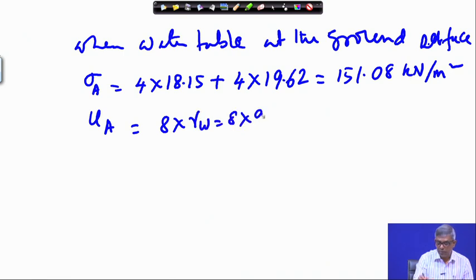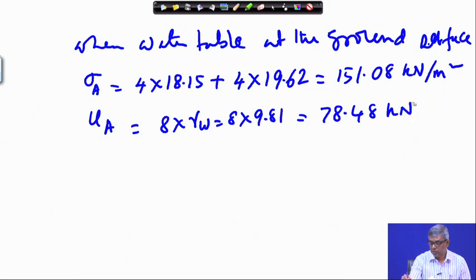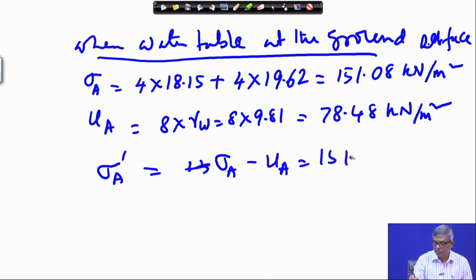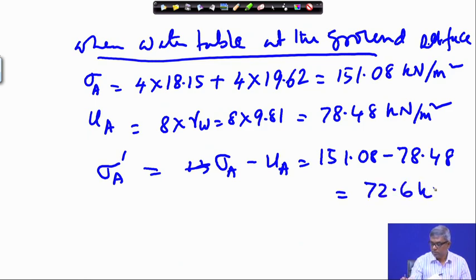So, 8 into 9.81, that gives you 78.48 kilonewton per meter square. So, sigma dash A when water table at ground surface will be equal to sigma A minus u A equal to 151.08 minus 78.48. So, that gives you the value equal to 72.6. So, this is the second condition, that is water table when it rises to the ground surface.